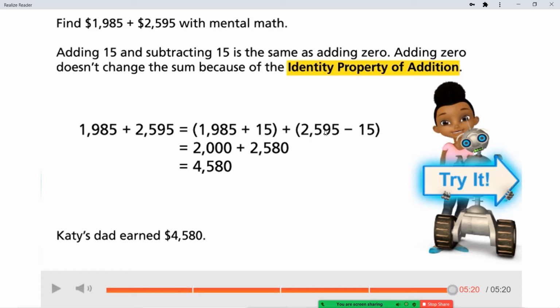We took it out of our 2,595 and moved it over to add to the 1,985. When we added 1,985 plus 15, we got 2,000. When we subtracted 2,595 minus 15, it took our number down to 2,580. So we're not adding any new numbers or taking out numbers. What we're doing is moving a group from one into the other. So 2,000 plus 2,580 is a lot easier to add together because it equals 4,580. We're just adding two more to the thousands group here.